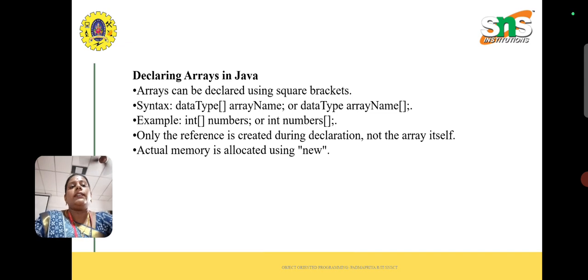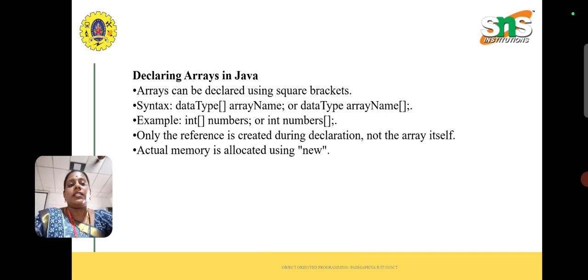And how do we declare arrays in Java? They can be declared by using square brackets. The syntax of an array is the data type, the square brackets, the array name, and then new with the class name.